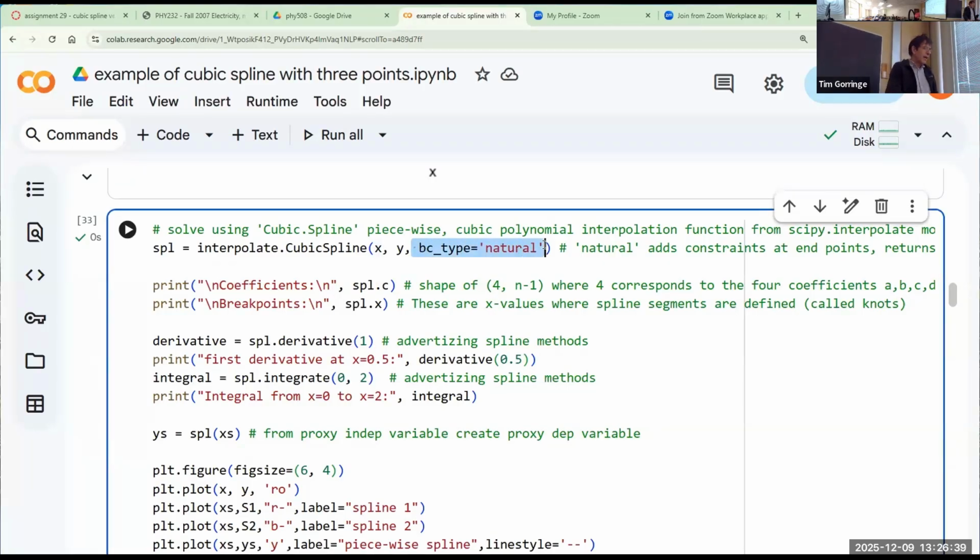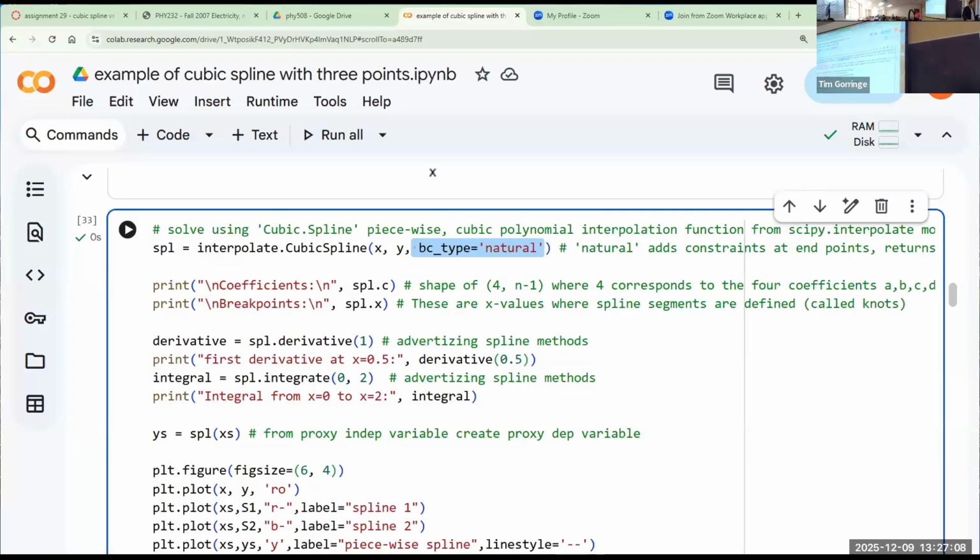And then there's a third argument that I'm using here, for the assumption that we built in to get enough constraints. It was what we call the naturalness assumption: we said we're going to have zero curvature of our spline on the far left and the far right. So it's sort of an assumption rather than a defining constraint.